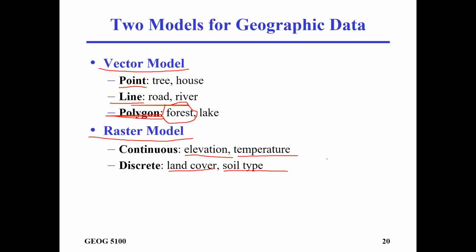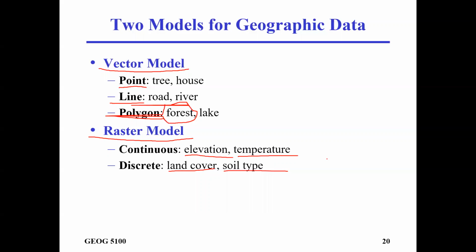So there is no right or wrong pick of models when you're dealing with geographic data sets. Maybe sometimes there are. For some problems, you need to use vector data to address. For some other problems, maybe you have to use the raster model to address.